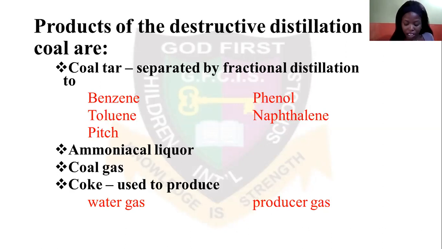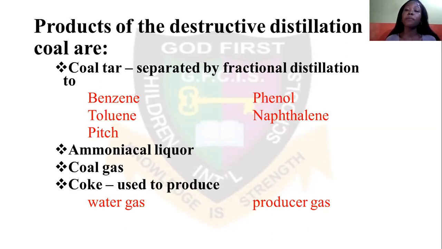Each of these fractions of coal tar has its uses. For example, benzene is a solvent used in the manufacture of plastics, dyes, and is also added to motor spirits.